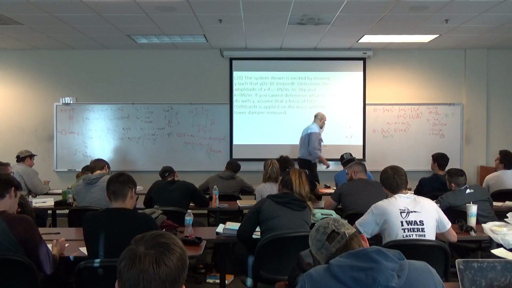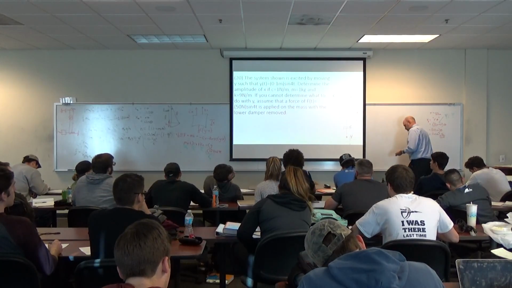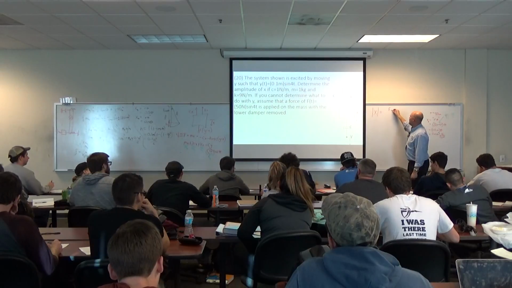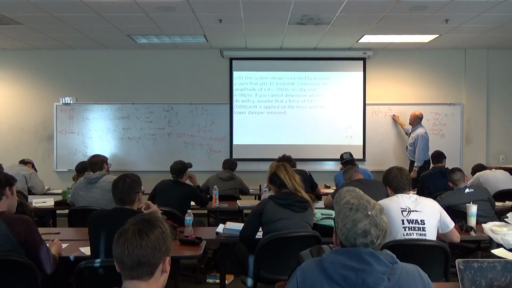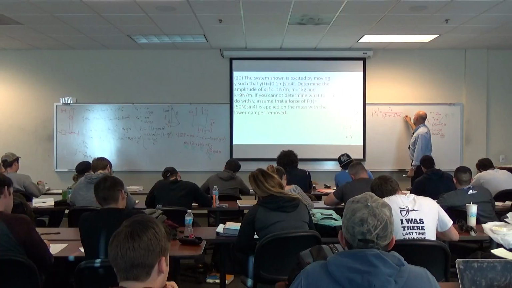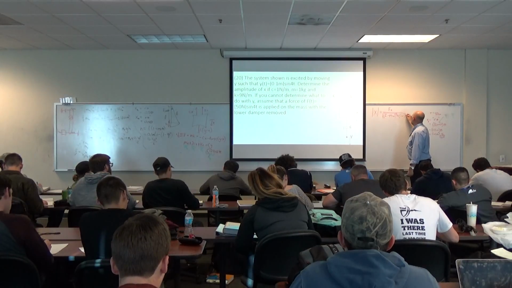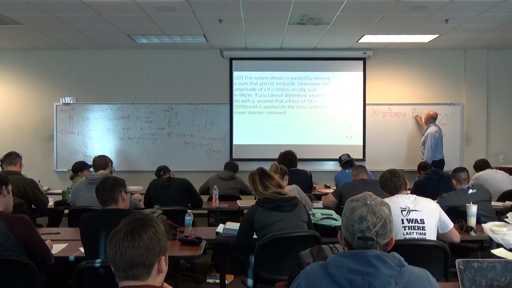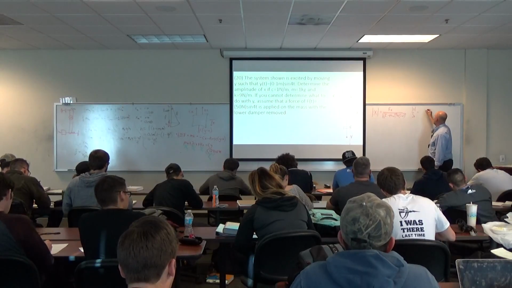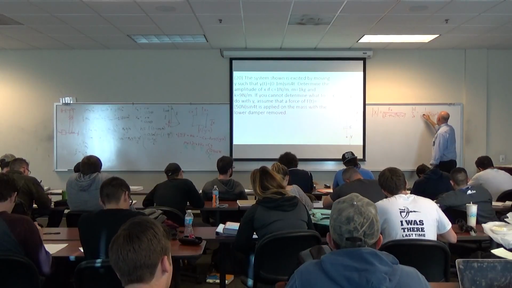So what do we know for forced vibration? We know that the magnitude of x equals F naught over the square root of (k minus m omega squared) squared plus (c omega) squared, or we know that x over delta static equals 1 over the square root of (1 minus r squared) squared plus (2 zeta r) squared.